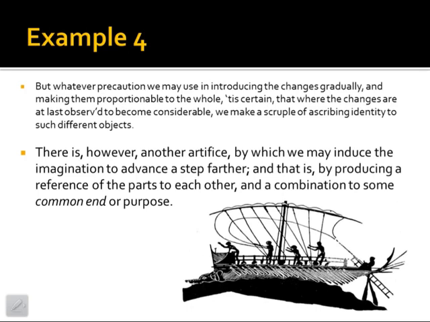our minds can still be tricked into thinking that something is identical if there is a reference of the parts to each other and a combination to some common end or purpose. So this relates to the ship of Theseus experiment because, as you know, there was a massive change to that ship: every physical part was replaced.